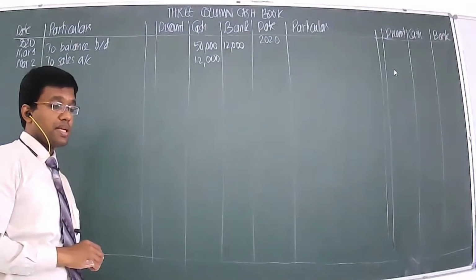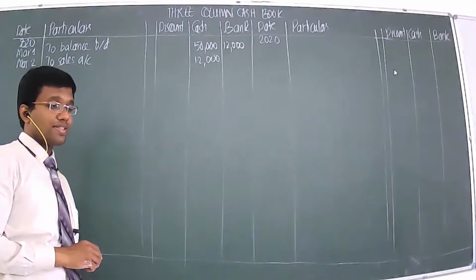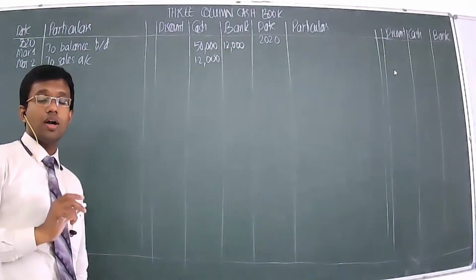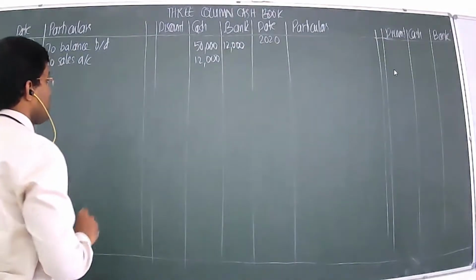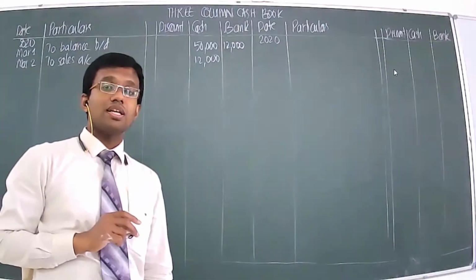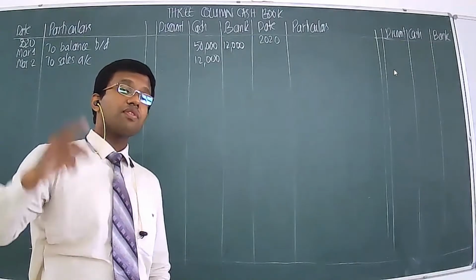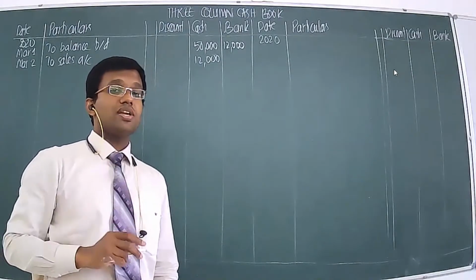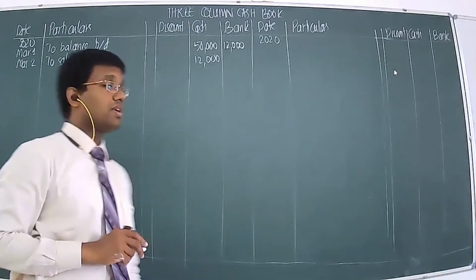Received cash of rupees 10,000 in full settlement of rupees 10,200 from Manju. So Manju is paying you some money, and the reason is that he had to pay you 10,200, but instead of paying you 10,200, he's now paying you 10,000.